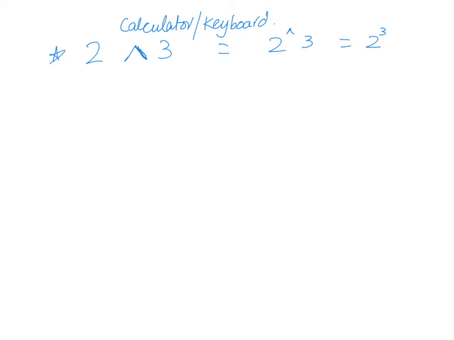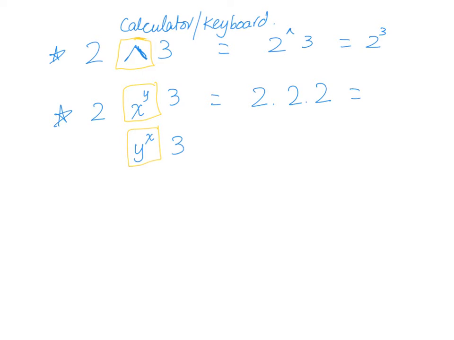Another way, calculators might use another function. This would be a function tab on your screen. Some calculators might use x^y or y^x. So this represents exponent. This just means 2 multiplied by itself 3 times. So we get 8.